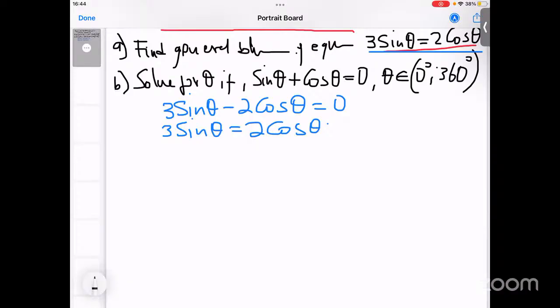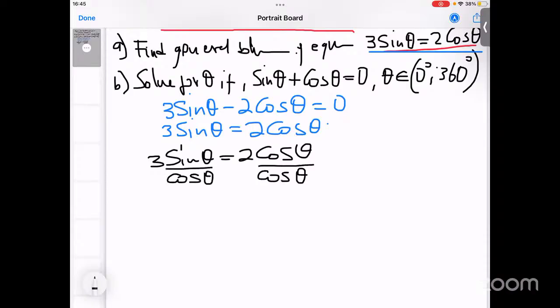How would you do that? Remember, what you are given is 3 sine of an angle, which is equals to 2 cos of an angle. Why not divide both sides by a cos? Why would you do that? You strategically divide by cos so that with you doing so, you will therefore cancel this, you'll remain with just 2.